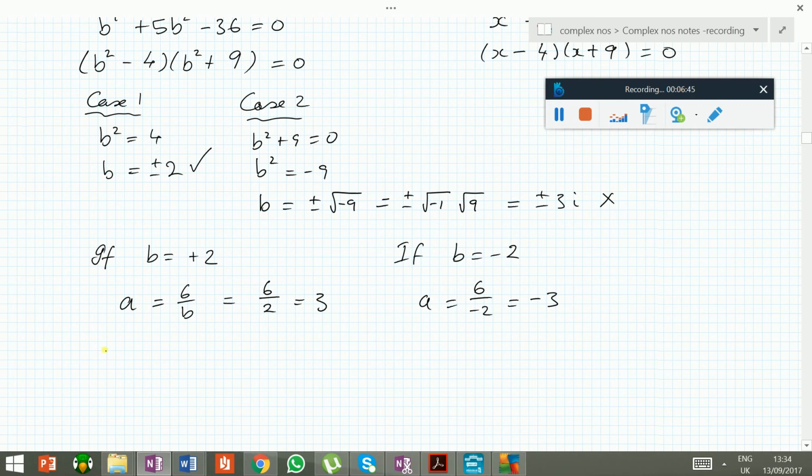So our answers are a plus bi could be equal to, firstly, a is 3 and the corresponding b is 2, so 3 plus 2i, or for this case here, a is minus 3 and b is minus 2, so minus 3 minus 2i, and that is your final answer.